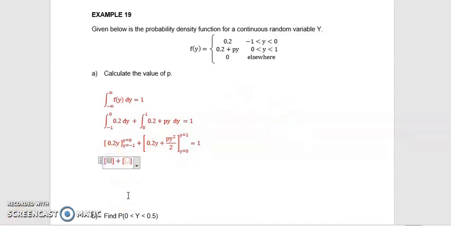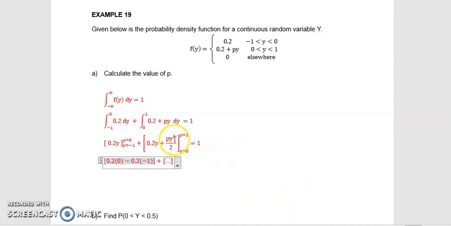So substitute the values of y. Upper limit 0: 0.2 multiplied by 0 gives 0. Then minus the lower limit: 0.2 multiplied by -1.